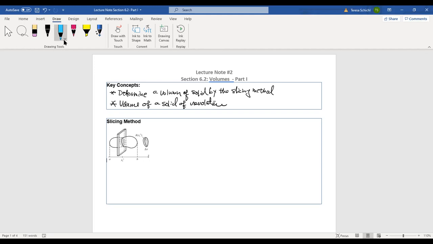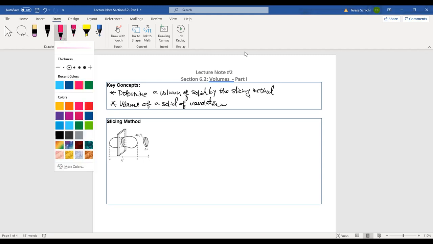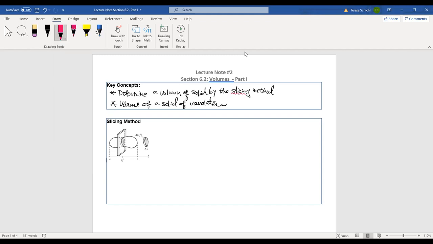So the keyword here is how to find volume by the slicing method, and that's what this lecture will focus on. In part 2, sometimes the volume is generated by a function when you rotate it about a certain line or axis, and then you will generate a solid. That's what we'll talk about in part number 2.